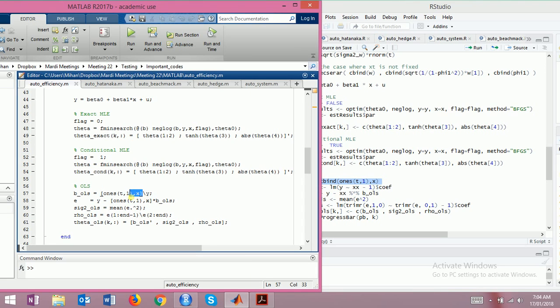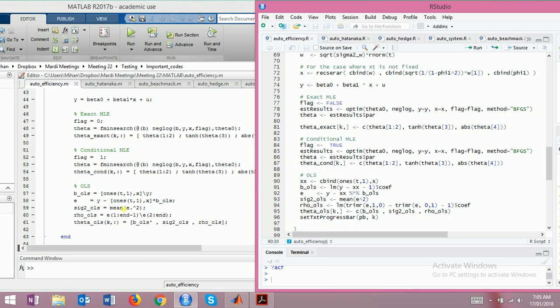First we are doing a column bind on this, not combining, column binding. So we don't want a one vector, we need two, or a matrix. We're creating a matrix with x, right? So E is equal to y minus t1x multiplied by beta hat OLS, y minus xs.